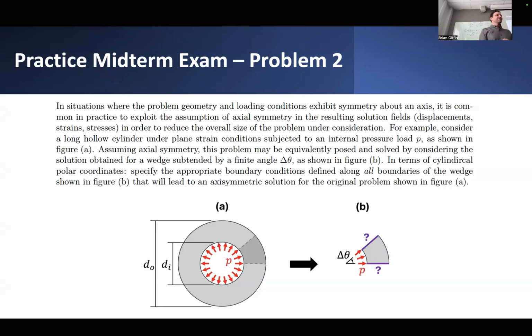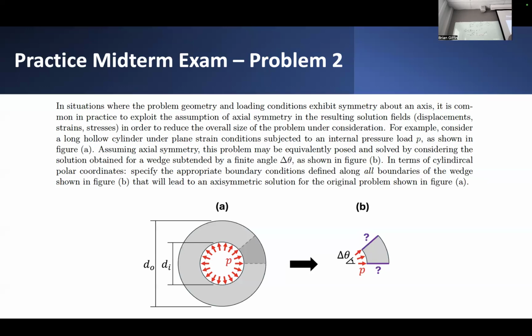Now, in some cases, you might want to solve this original problem. But it turns out for a lot of these problems that involve axisymmetry, which is to say that if you were to look at any kind of circular sector or arc of this problem, it all looks the same, regardless of whether I'm looking at this little slice or this little slice of the pie. It looks the same, maybe differing by some angle of rotation in terms of how it's oriented.